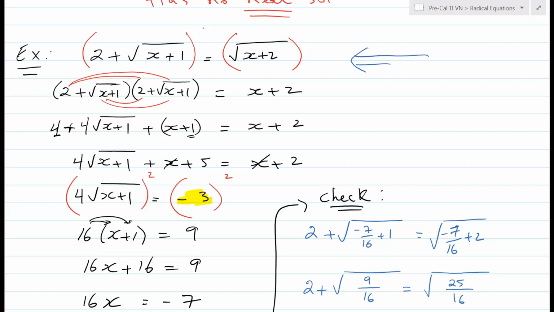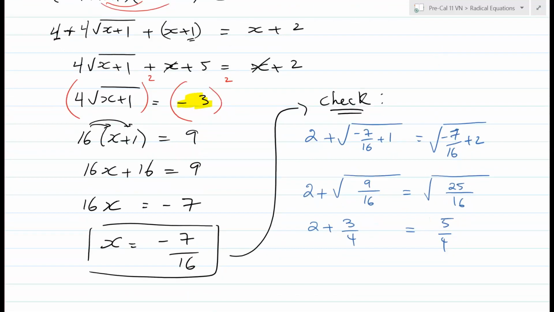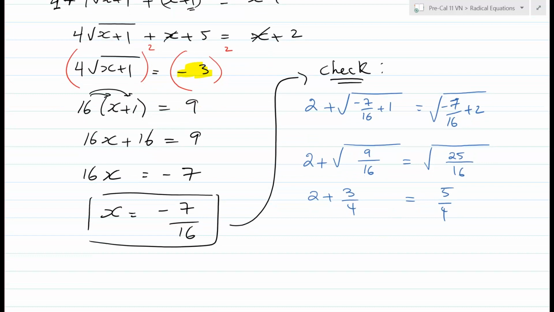You go through the math and simplify, and you get 2 plus 3/4, because the square root of 9/16 is a perfect square, so that is 3/4. On the other side, -7/16 plus 2 is 32/16 minus 7/16, same denominator, which gives 25/16, because 32 minus 7 is 25.